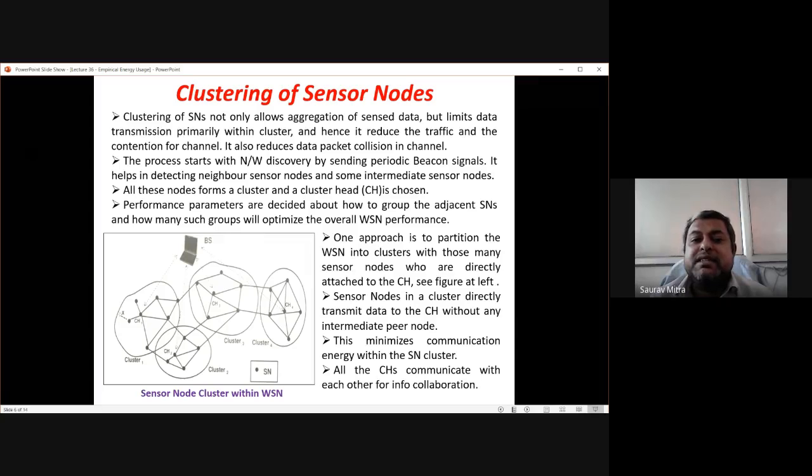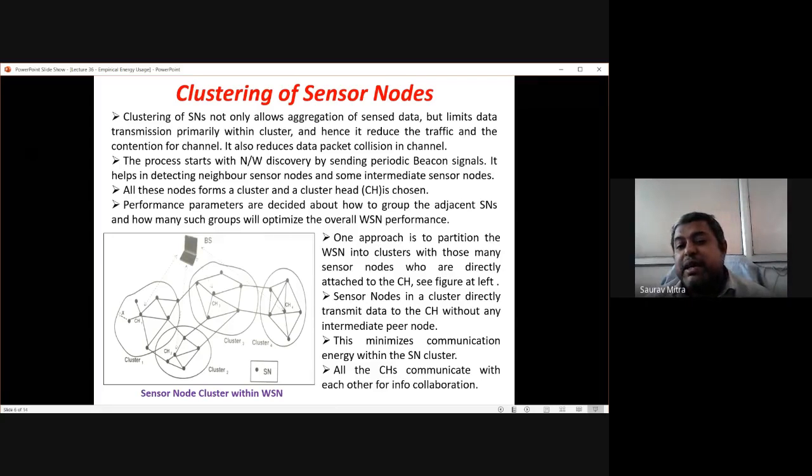Performance parameters are decided about how to group the adjacent sensor nodes and how many such groups will optimize the overall wireless sensor network performance. So whether you divide the whole area into 10 or 20 clusters with a smaller number of nodes, or into maybe 5 clusters with a large number of sensor nodes, that is actually the optimization problem.